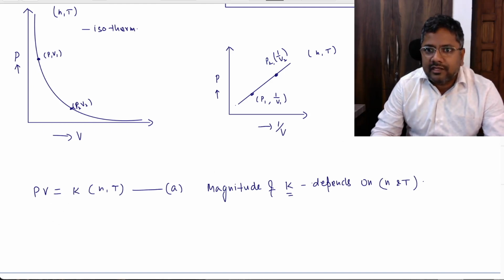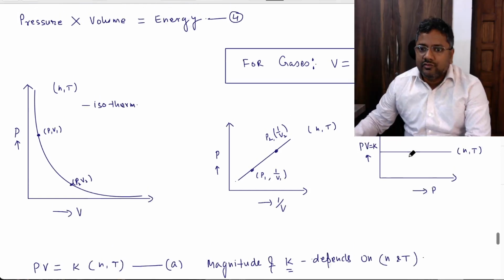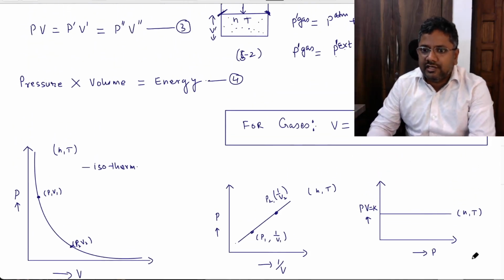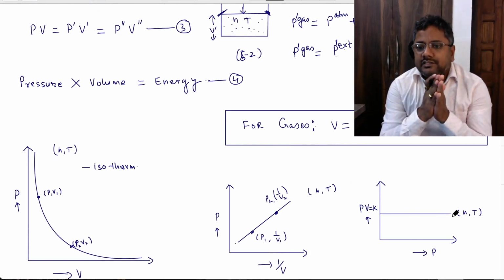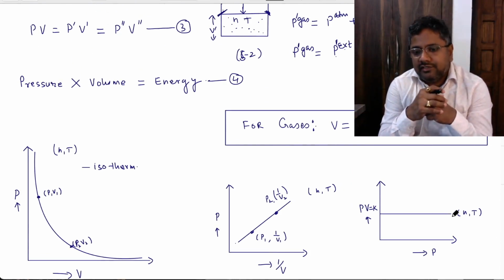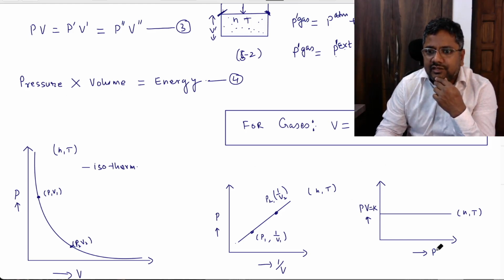So here you have taken PV, meaning you are plotting K versus P, like this, right? If you change the temperature or the quantity of gas, then only this product PV will change. The product of pressure and volume is energy, so we are plotting energy versus pressure.